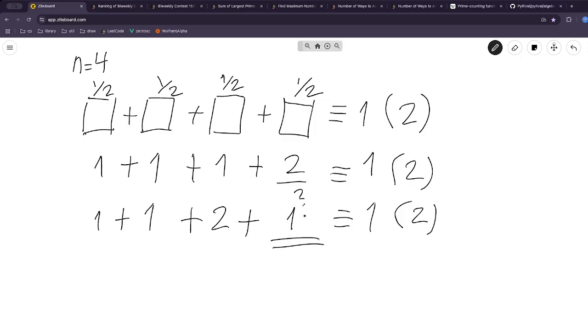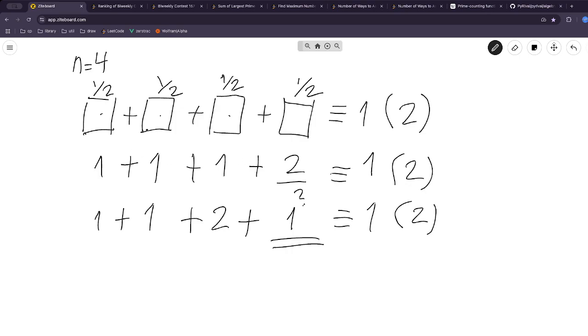So it's already determined. So what I'm proving here is that we can choose anything of the first 3 numbers, anything between 1 or 2. And then the fourth one, we don't have a choice, it's forced.